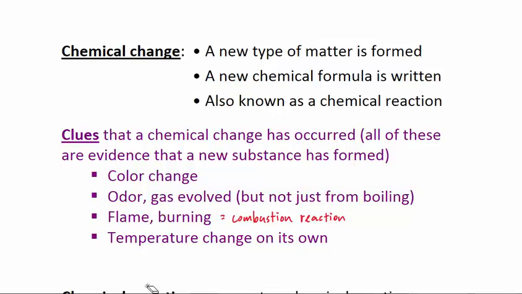So let me bring out a couple of things here. So let's just start with some mixing of substances, because the mixing itself isn't what determines whether or not something changed. It's what you observe, okay, from the mixing happening. Okay, so let's start right here.